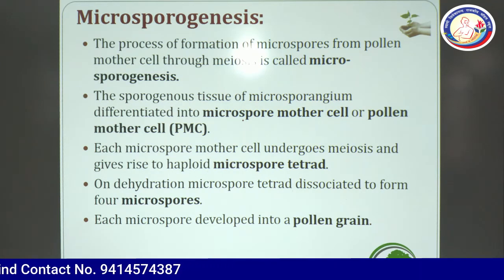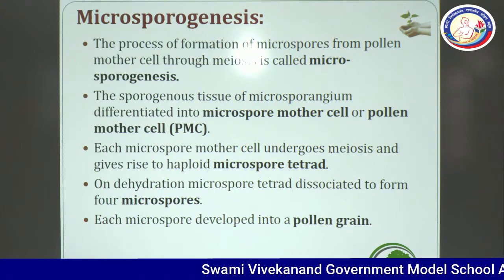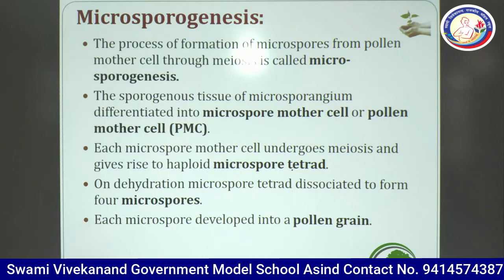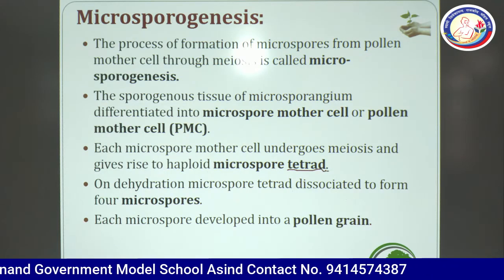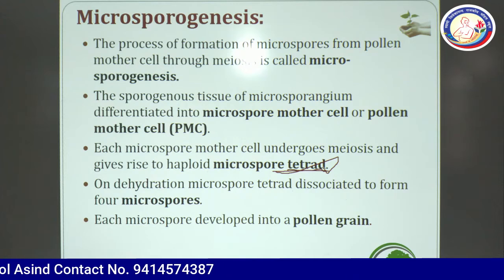And each microspore mother cell undergoes meiosis. Meiosis is a special type of cell division in which the number of chromosomes is reduced to half and gives rise to haploid microspore tetrad. There is a specific word here, you can see tetrad. Tetrad means 4 in number.